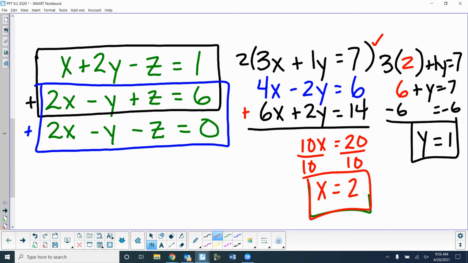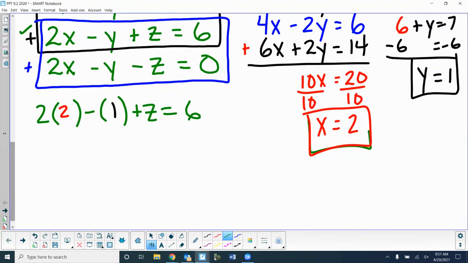All right. So I'm going to do the middle one because it's a positive z and I need to find the z. So I'm going to go 2 times 2 minus 1 plus z equals 6. I put 2 in for x and the 1 in for y.